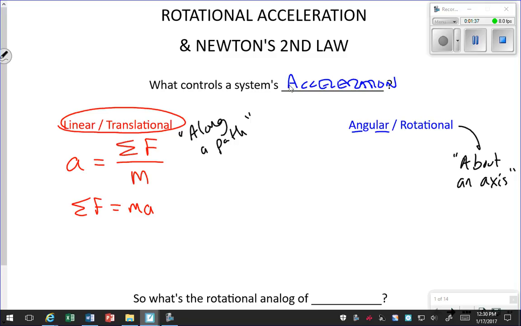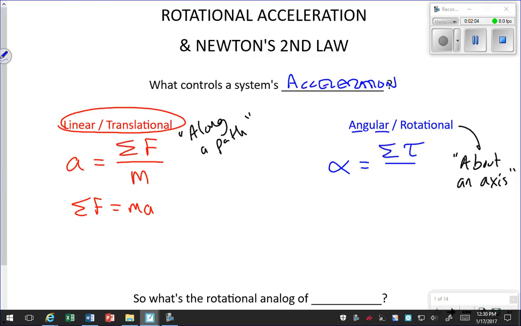What you should be okay with so far is that we have angular acceleration alpha, and it's not just force that makes things accelerate angularly about an axis. Well, it's net torque.